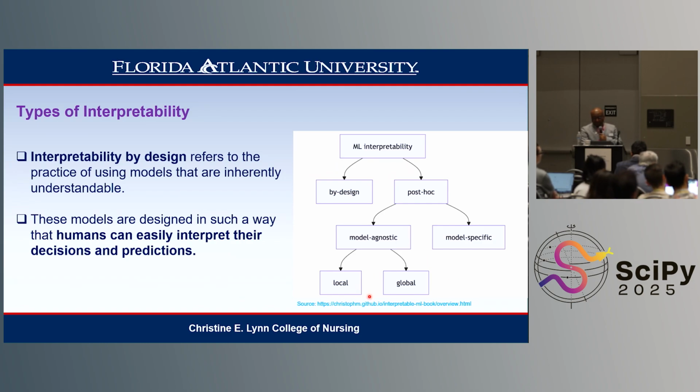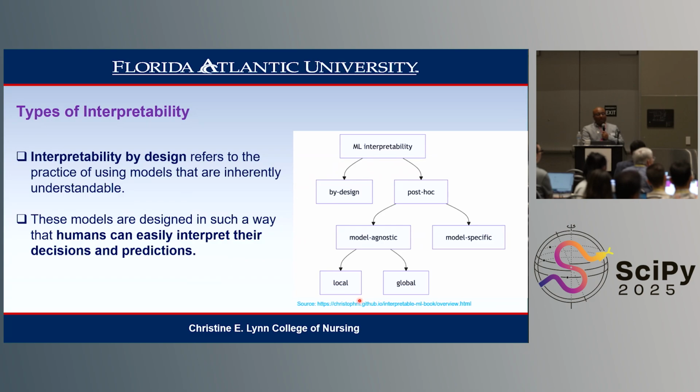So this is model specific and model agnostic. Model agnostic methods explain in two different ways, local and global. I can give you a very simple idea.